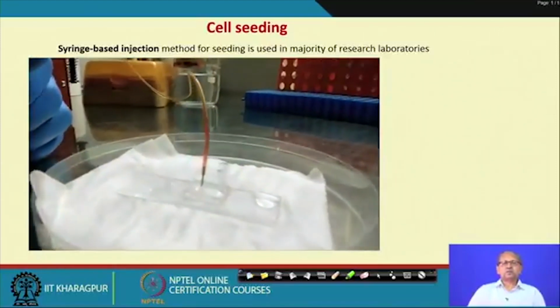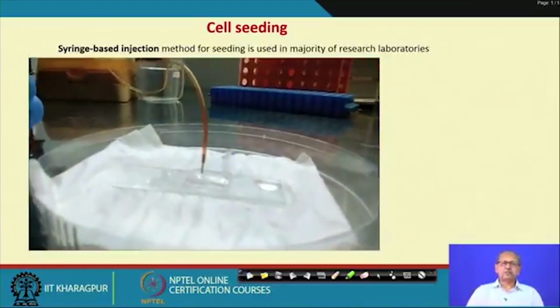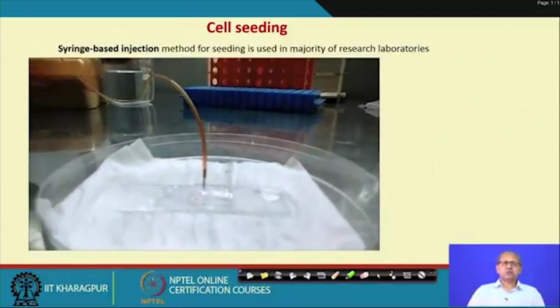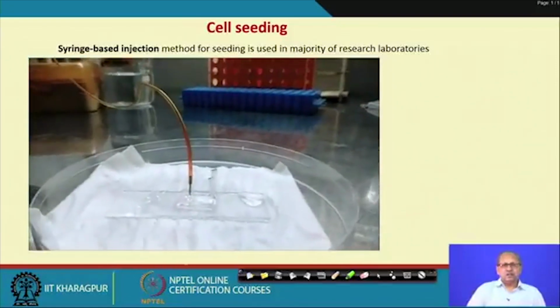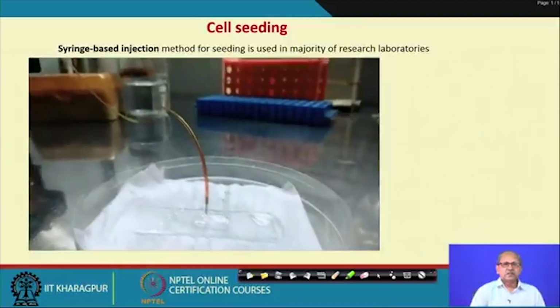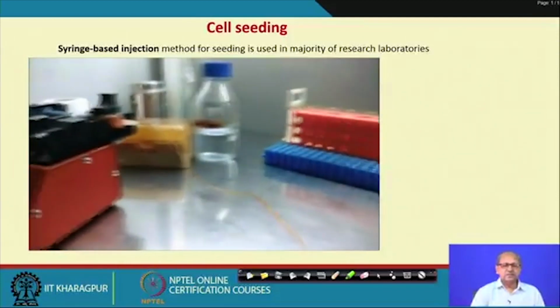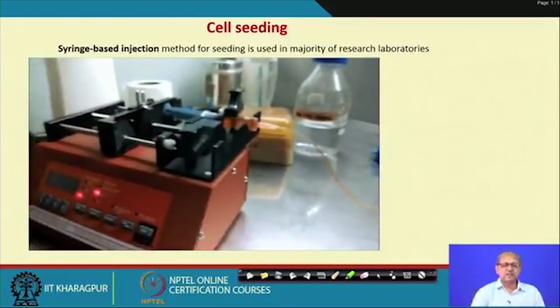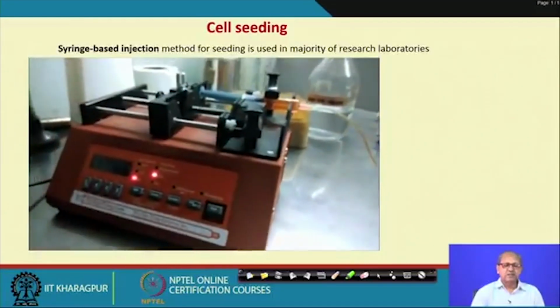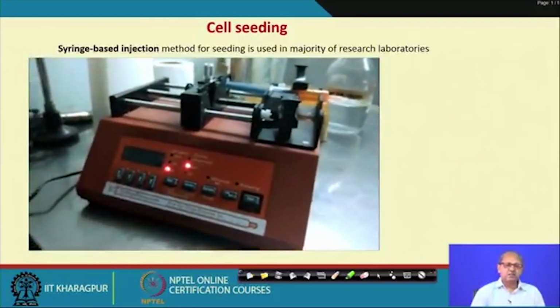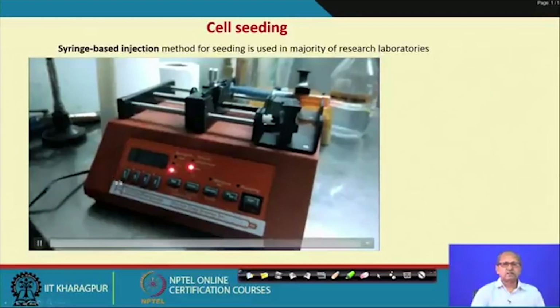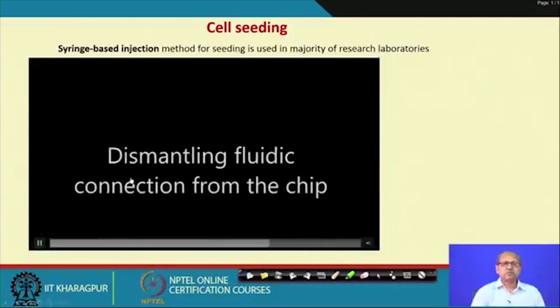It takes around 20 microliters per minute, and we are flowing for around 1 to 2 minutes according to the desire, whatever you want. Then you look for when the channel will be filled up by seeing the red color of the media, and after that you can switch off your syringe pump.